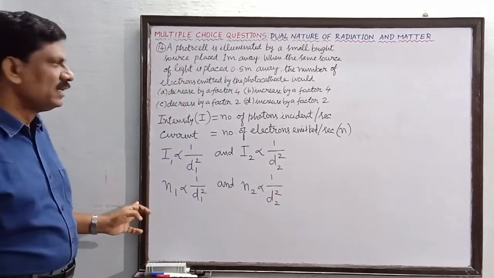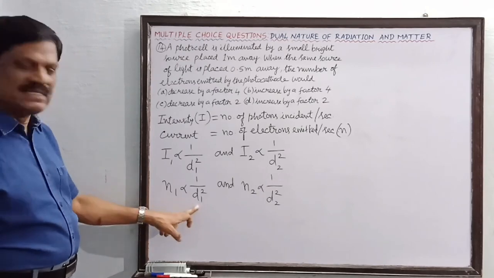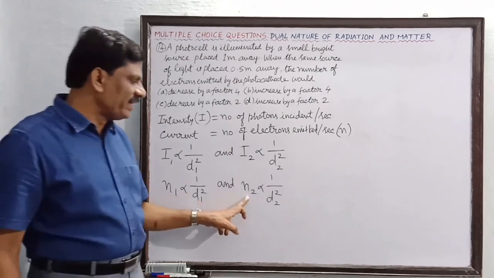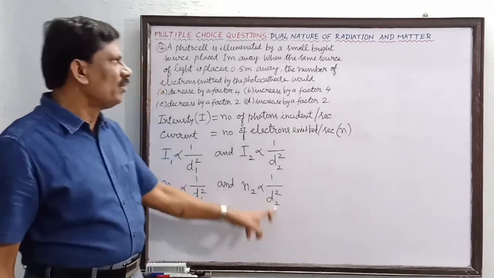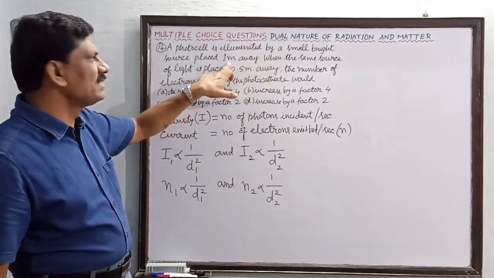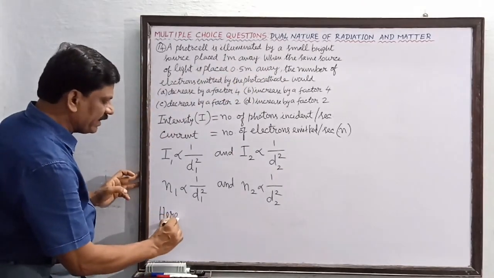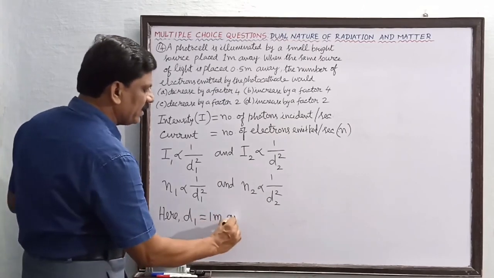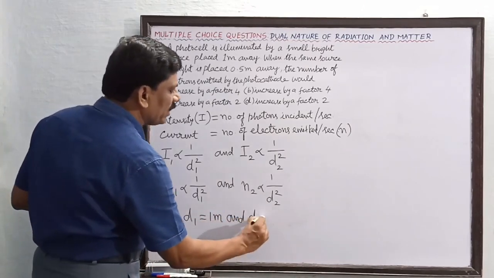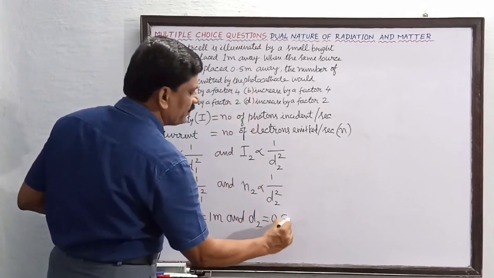Okay students. So N1 is the number of electrons emitted per second when the distance is d1, and N2 is the number of electrons emitted per second when the distance is d2. Now let us take the first given distance as 1 meter. So here d1 is equal to 1 meter and d2 is equal to 0.5 meter, half meter.